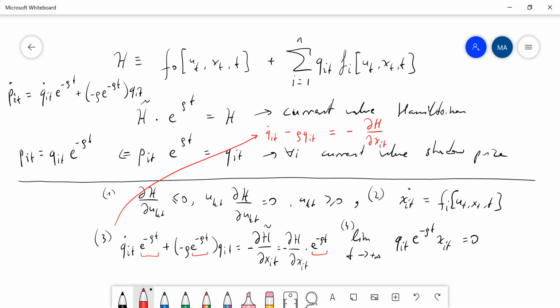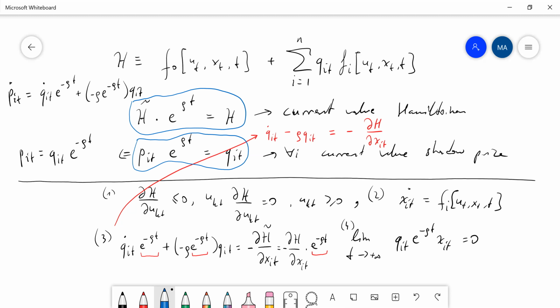So as you see, they are the same thing, right? As long as you have these equations, these definitions, they lead to the same set of conditions. Of course, the interpretation is different.